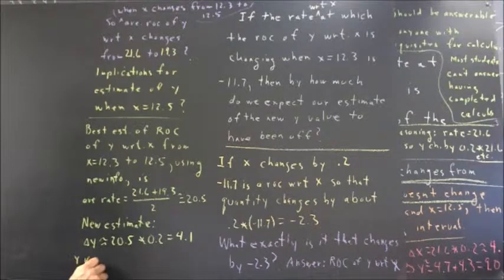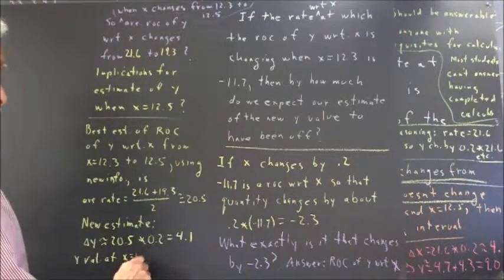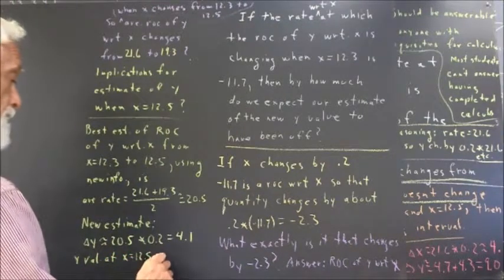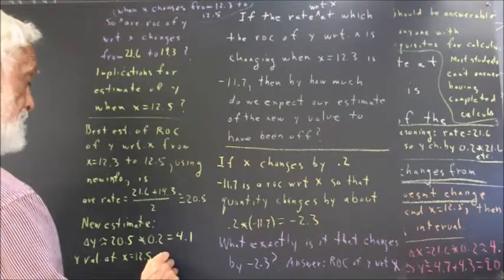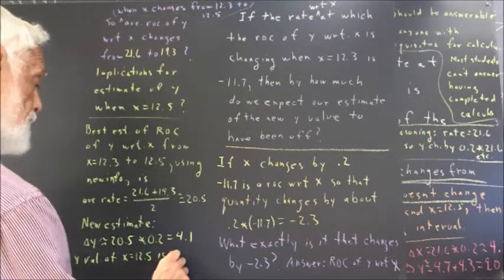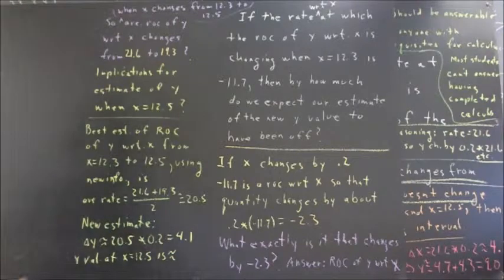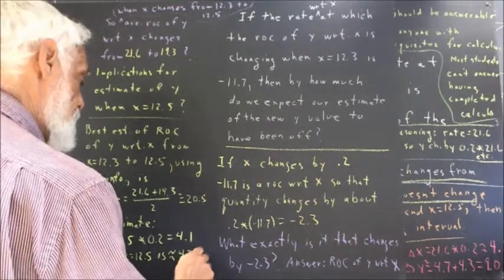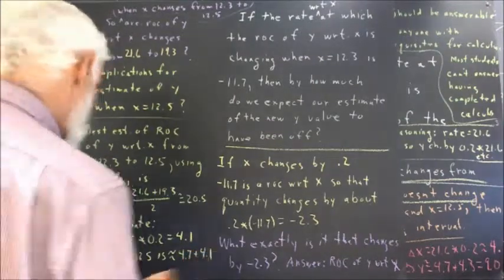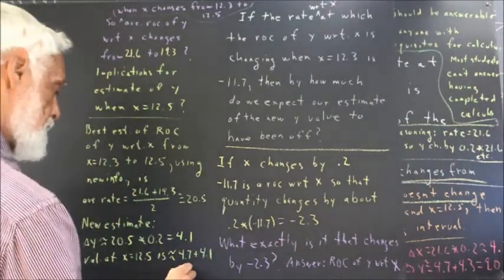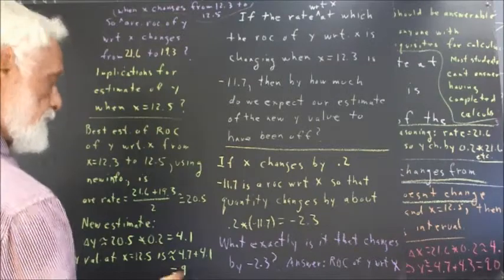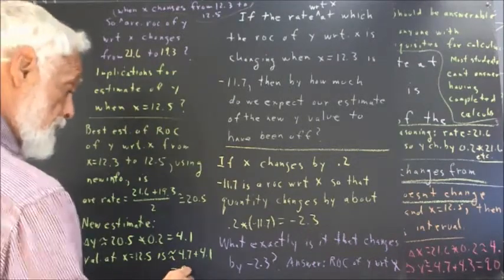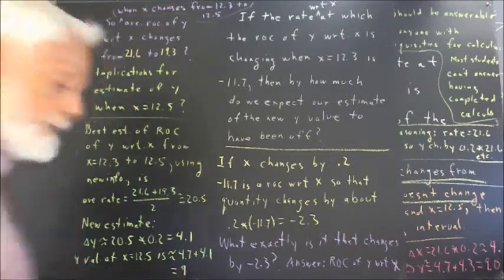So the y value at x equals 12.5 is approximately the original y value, which is 4.7, plus the change in the y value, which is 4.1, which is, I was going to try to write 9.8, it's 8.9, so I'm going to fix that.